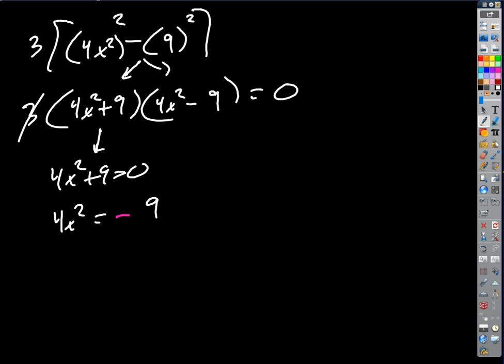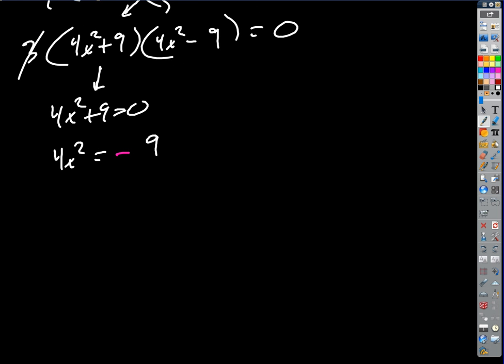Okay, so if I set this thing equal to 0 and solve, I'm going to divide by 4. And now I'm just going to square root, right? So I'm going to get x equals plus or minus, what's the square root of 9/4? Square root of 9 is? Square root of 4 is? And then an i because of the minus, right?